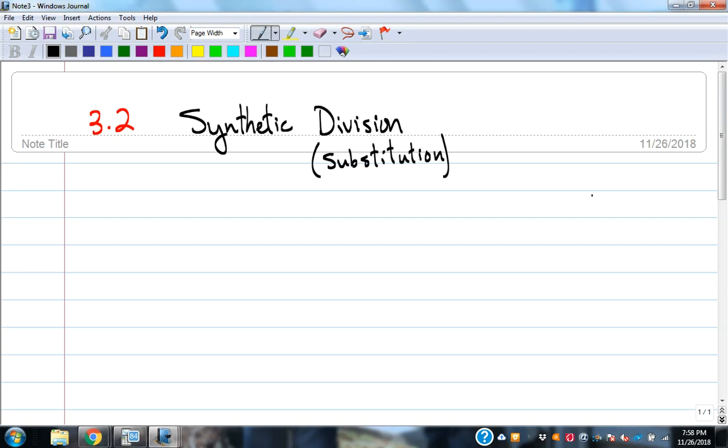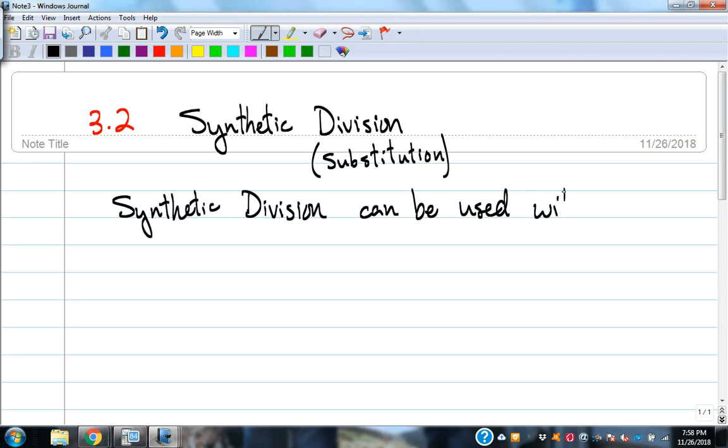So what we're going to do is we're going to do some division, and synthetic division can be used with linear divisors.